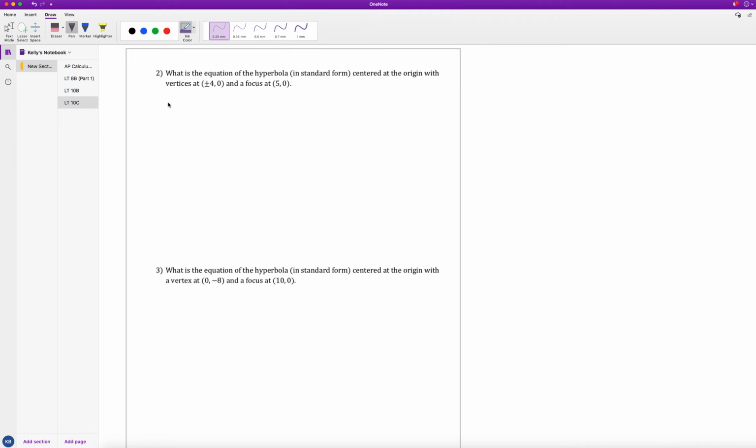Well, the first thing I know right off the bat is that my vertices are my a values. So that tells me that my a is plus or minus 4, so my a squared is going to be equal to 16. I know that that's always going to be in my first term. What I need to know is what type it is. Well, my vertices and my focus here that are given are both x-intercepts.